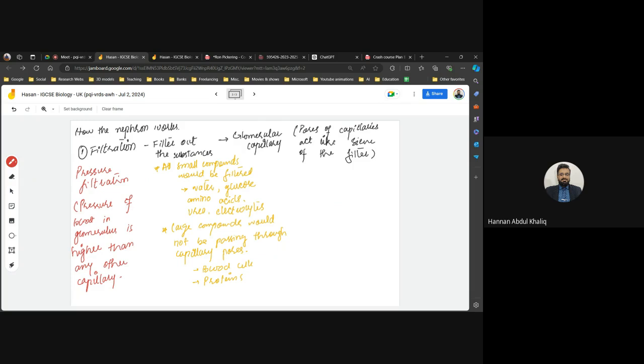It's just like you have a sieve, and the water or the blood is coming with a particular pressure, colliding with the sieve. What do you think? That collision would cause the filtration or not?